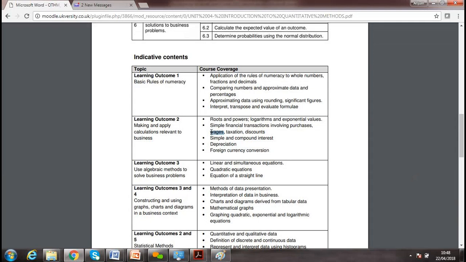Wages can be monthly fixed, but normally we use the terminology salary if we are paying a monthly fixed amount.